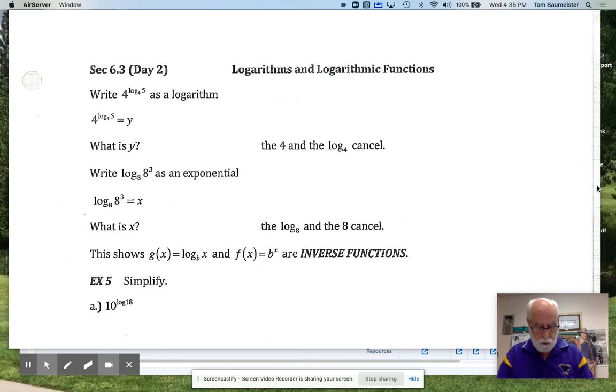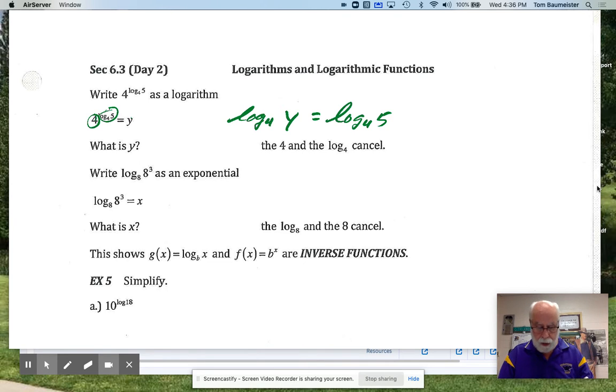So again, I'm going to write it as this base, log to the base 4, so this base raised to this power. Remember, this power is going to be over here, is equal to this. All right?